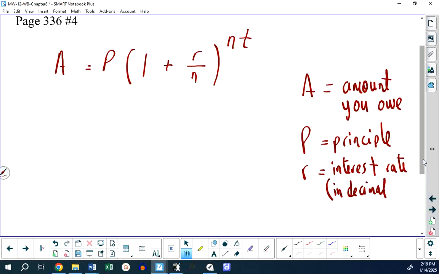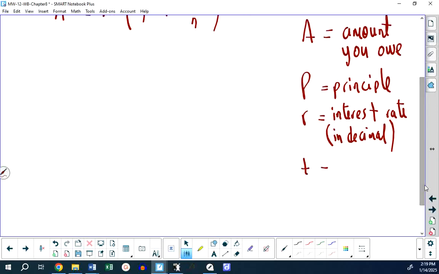So whatever interest rate you're given, you need to divide that by 100, and that's the number that you use. T is the number of years you borrow the money for, and it can be any number of years. If you borrow the money for 4 years, then you don't pay it back until the end of the 4 years, but this would be 4.